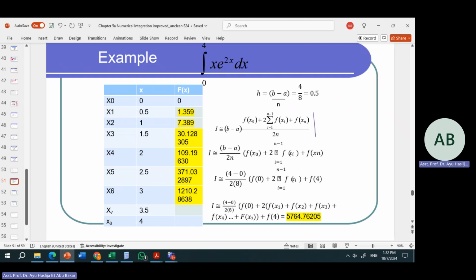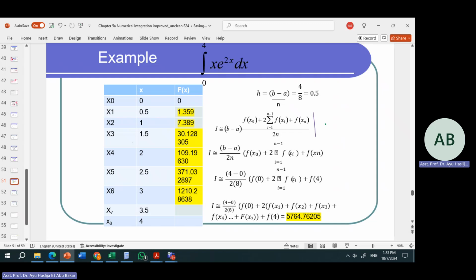Can I proceed? Julius, any question, any doubt? Okay. Now this example used two methods.